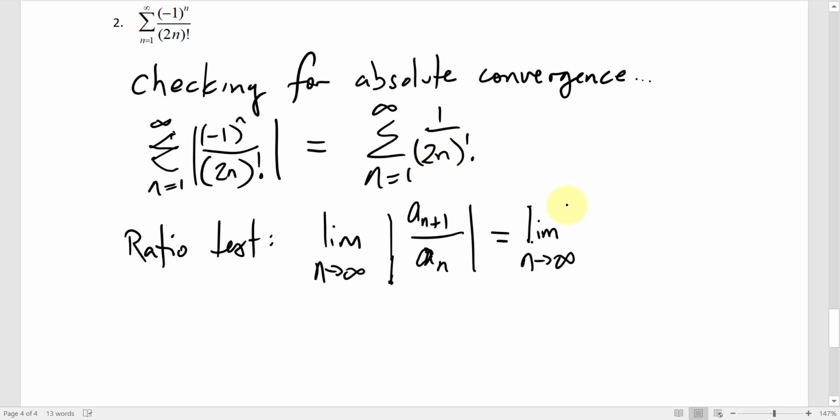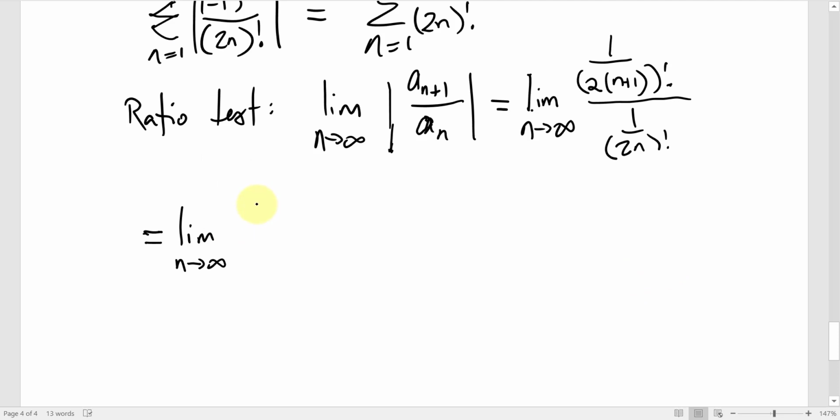This is an example. So the n plus 1 term is 1 over (2(n+1)) all factorial, and then the n term is 1 over (2n) factorial, like that.